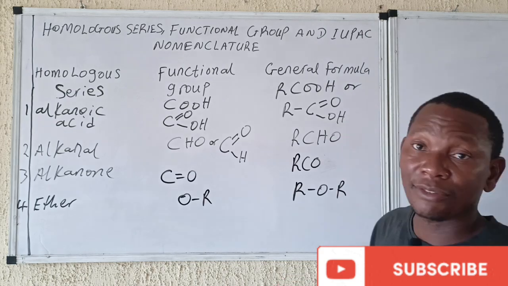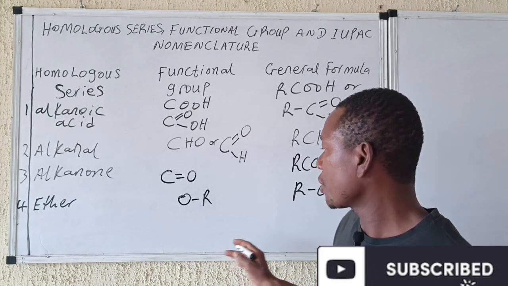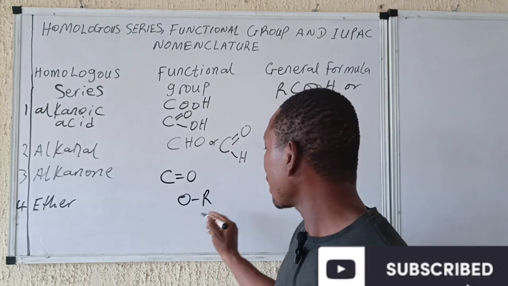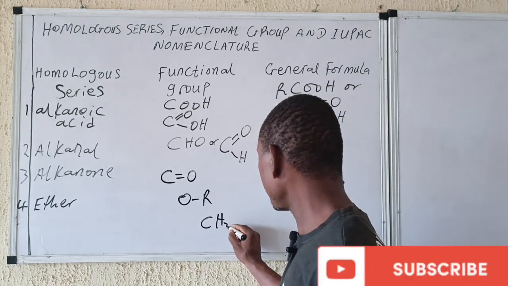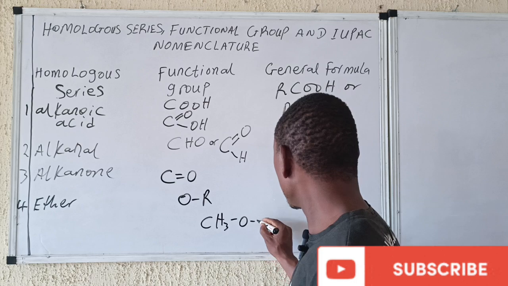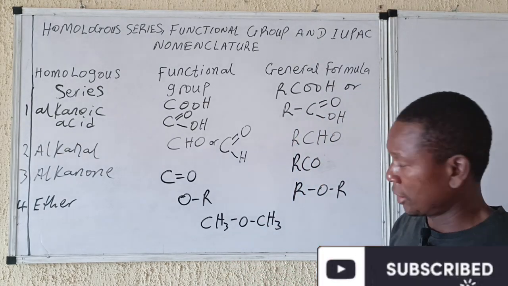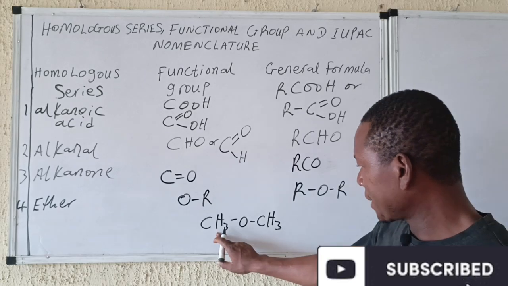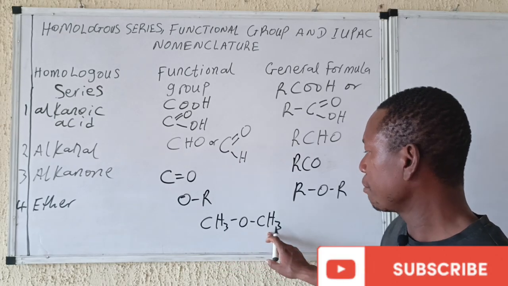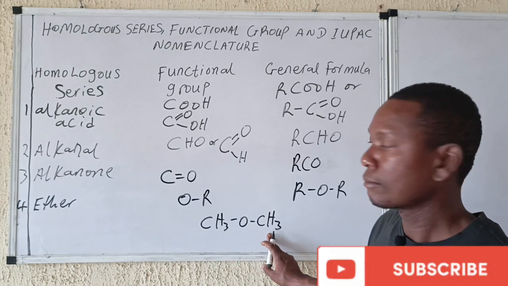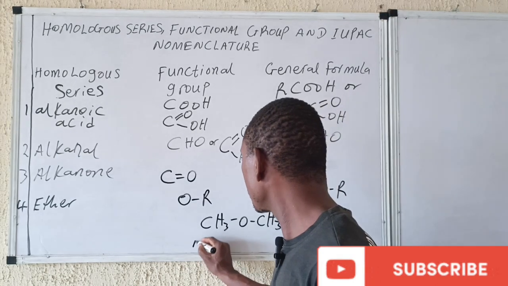Now, to name ether is very easy. For example, let's assume that you are given a compound like this, CH3OCH3. How will you name this compound? It is simple. This is methoxymethane. So you put it this way.